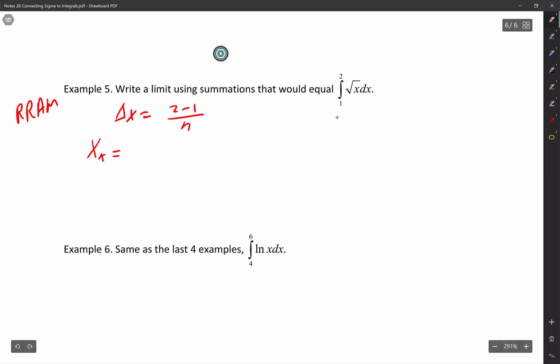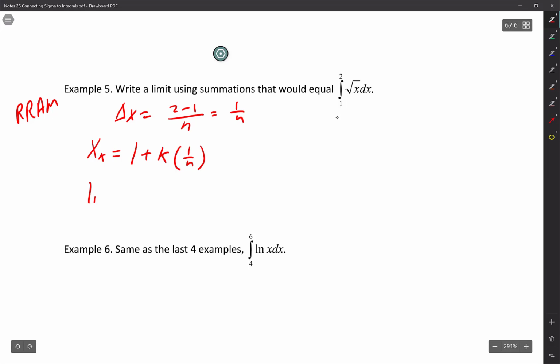The x value of the kth rectangle: start at 1 plus k times the delta x. Chavez, where did that one come from? See the picture below or before.